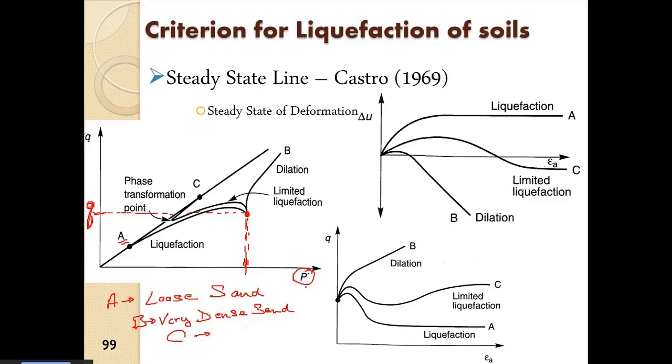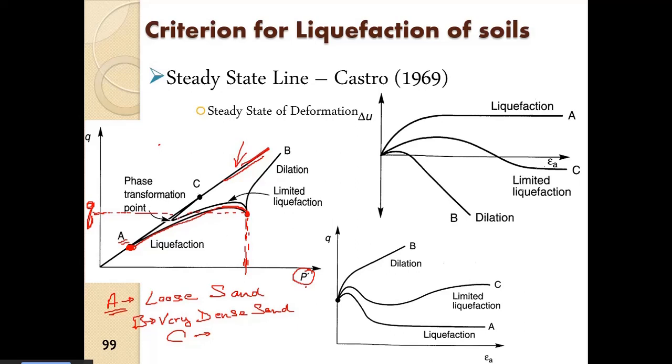So what he did was shear the samples by applying dynamic loading. Here he observed that at a particular confining stress, if we start from the confining stress here, there is development of pore water pressure, and soil A traced this path, and now there is constant deformation occurring here. So this is the line of failure, or we can say the steady state of deformation.